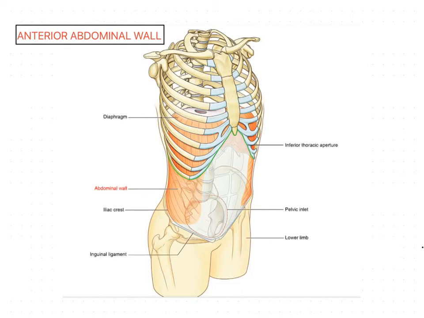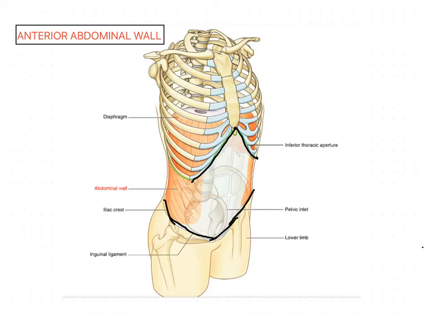Now we will see the extension of the anterior abdominal wall. This anterior abdominal wall extends superiorly from the xiphoid process and the costal margins to the pubic bones as well as the iliac bones.